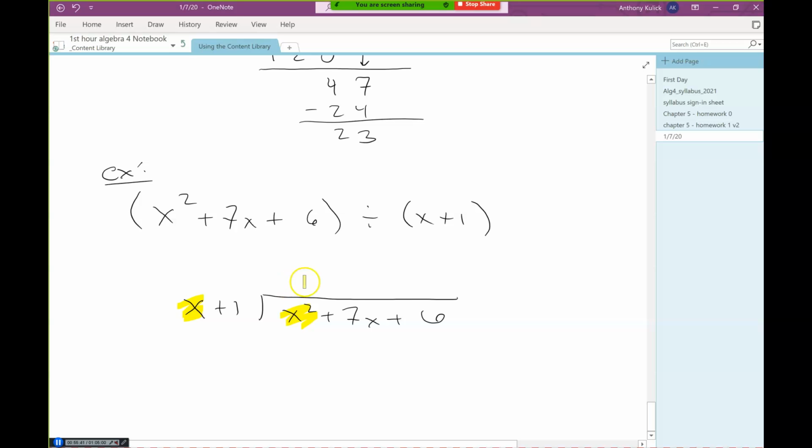Or the other way to think about it is what times x gives me x squared, which is maybe the easier way to think about it. Because x times x gives me x squared. Once I've decided that, then I multiply the x to the entire divisor, and I write my answer underneath and subtract down.